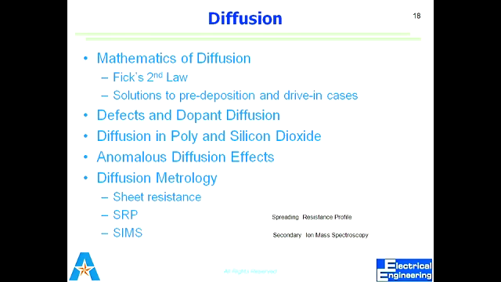The other two methods used to find out the diffusion profile are SRP, that is spreading resistance profile, and SIMS, that is secondary ion mass spectroscopy. All these topics we will be discussing later on.